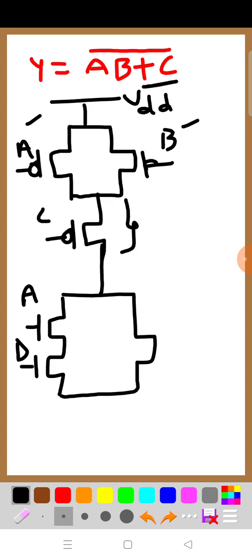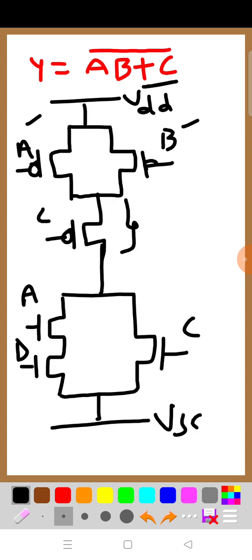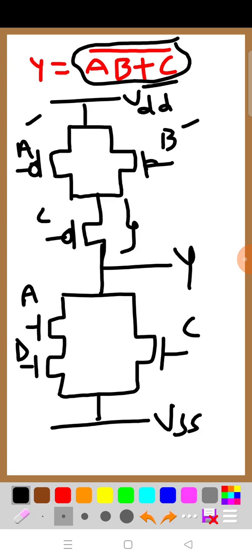Is it clear? Then it becomes C and it is VSS. Then the output is taken here. Don't forget, here in your Boolean expression complement is given, therefore absolutely no inverter is needed. I hope you are clear. This is about Y equals AB plus C whole complement.